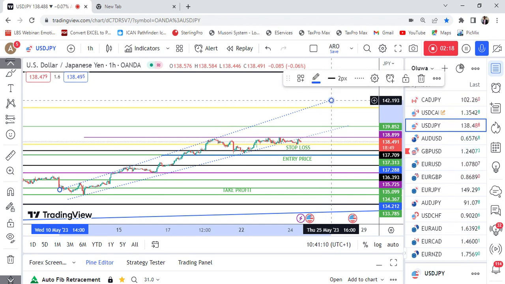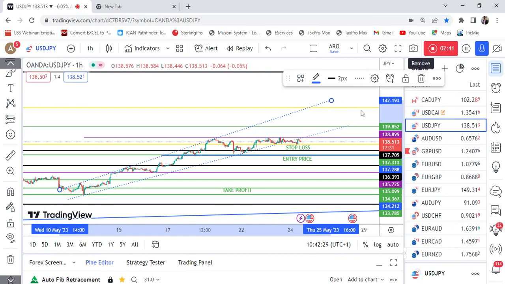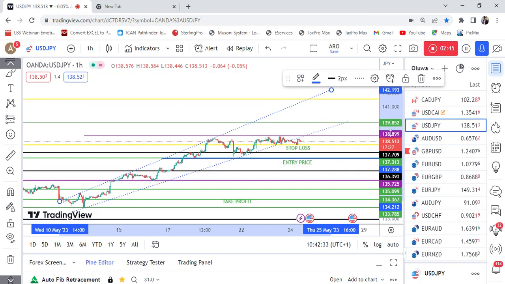Number one, from those 5 things that we need to consider before we place a trade, is market structure. What do we mean by market structure?